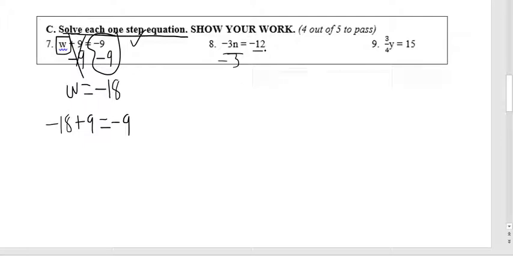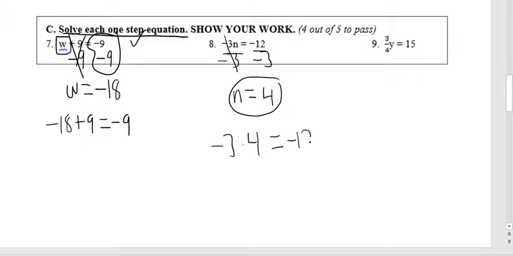And if we divide the left side by negative 3, we also have to divide the right side by negative 3. So negative 3 divided by negative 3 is a positive 1n, and then negative 12 divided by negative 3 is a positive 4. Okay, and we can see that if we multiply negative 3 times 4, it does give us negative 12.